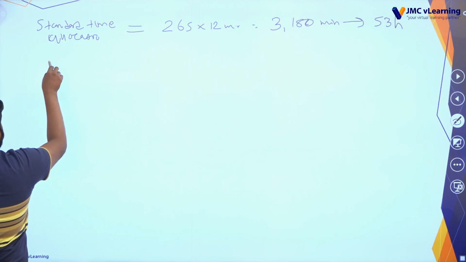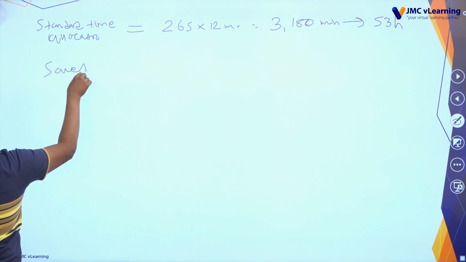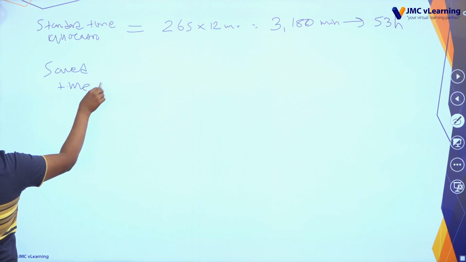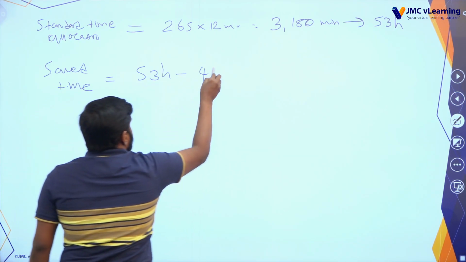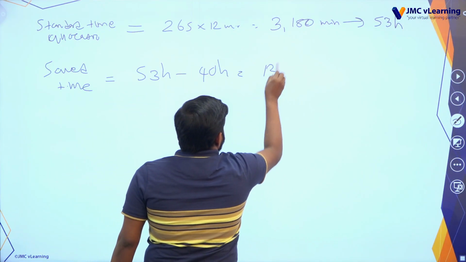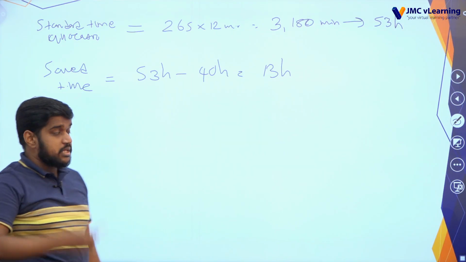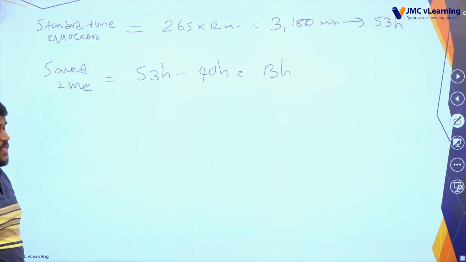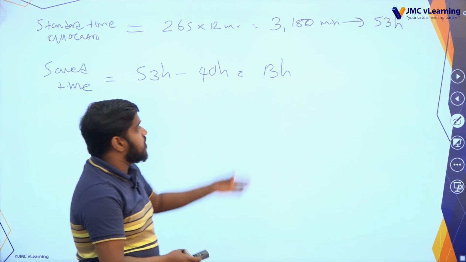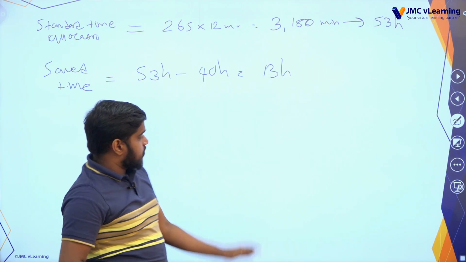That means the total time saved is 53 hours minus 40 hours, which is 13 hours. This employee saved 13 hours for the organization. Then we can calculate the bonus based on these 13 hours.